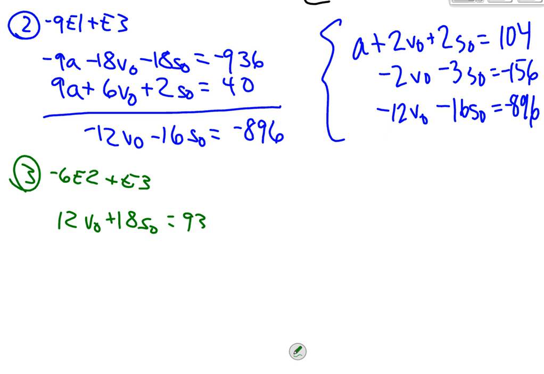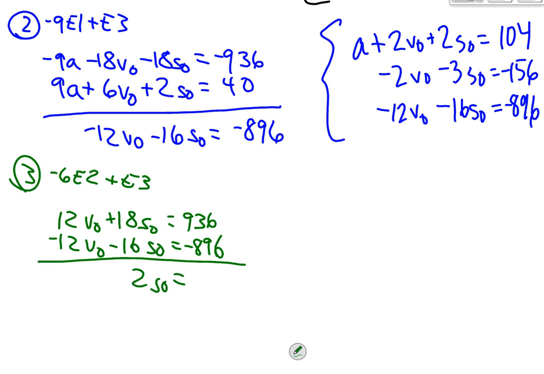It equals 936. And then I've got my negative 12V0 minus 16S0 equals negative 896. Help me add those two together then. What do I get here? 2S0 equals, and what's 936 minus 896? 40. Positive 40 this time.